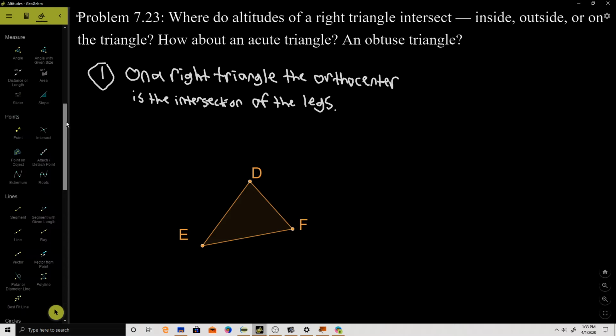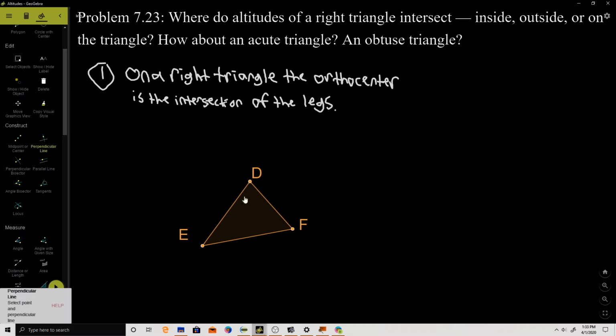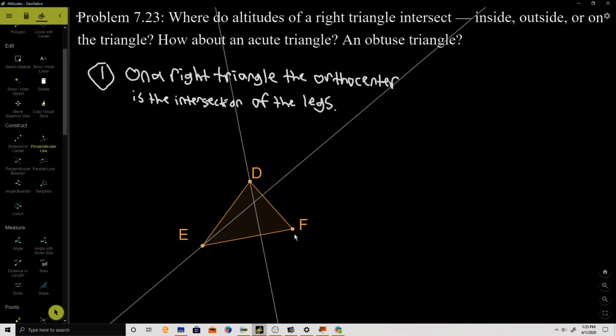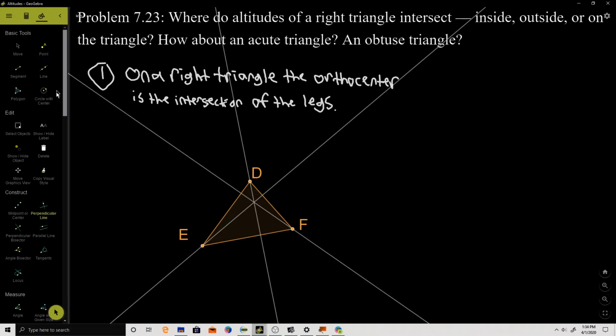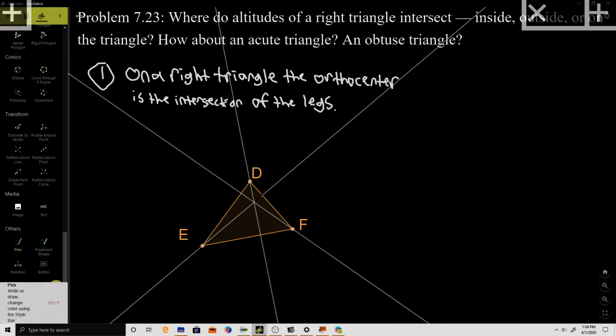Again, the altitudes are the perpendicular lines drawn to the base. So we have an altitude there from D to that point. Then our next altitude would be E to DF. And then our next one would be F to DE. And we get our orthocenter right there. Orthocenter H.